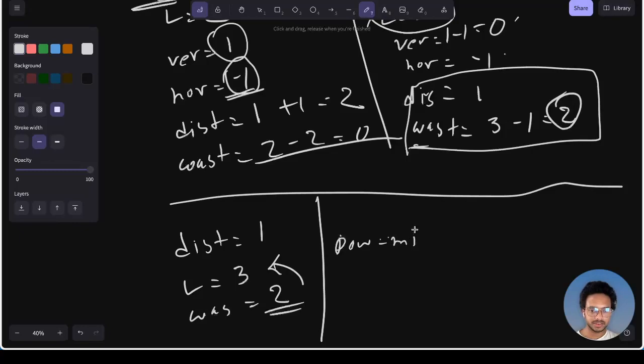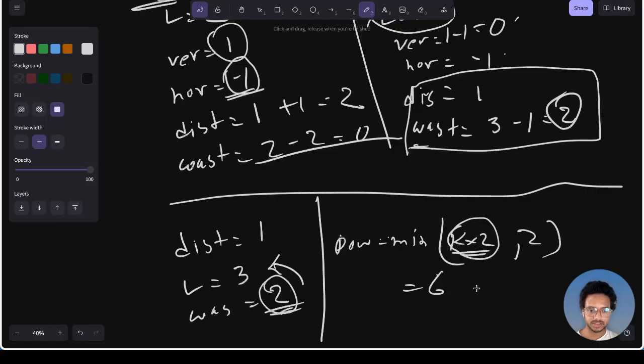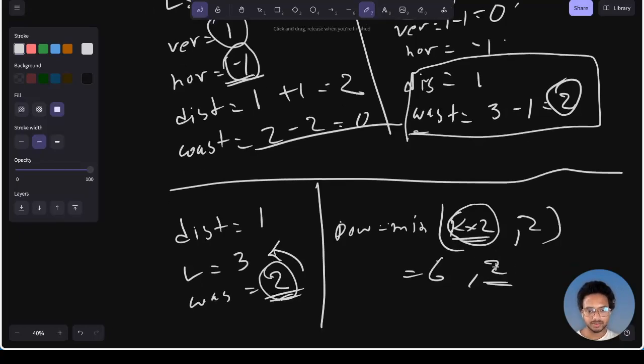The power will be the minimum of k into 2, since I can add at most k into 2, or this wasting value. Here k into 2 is 3 into 2, which is 6, but currently I require only 2. So I will take the minimum value, and I will add the value of 2.